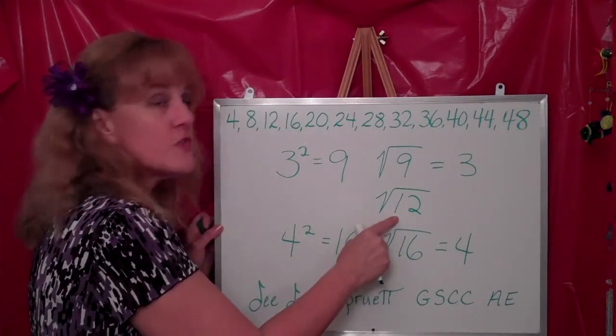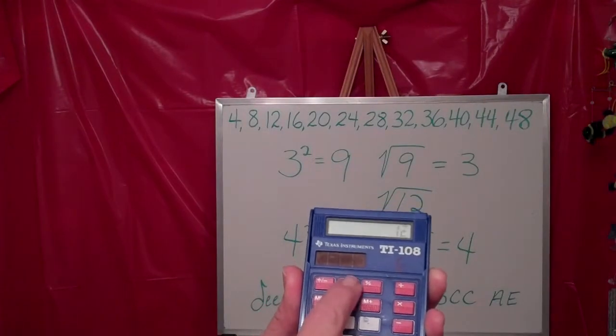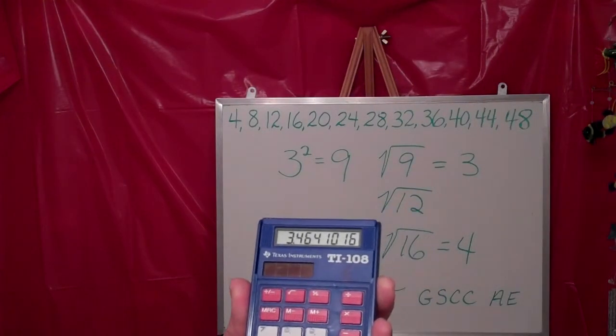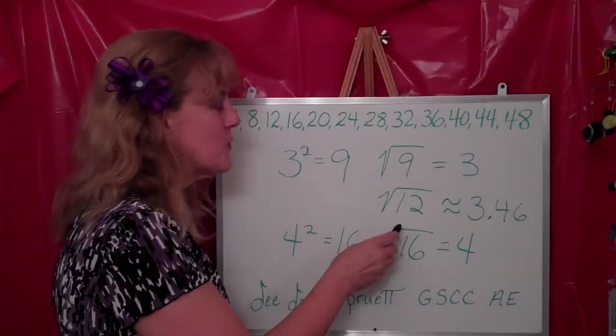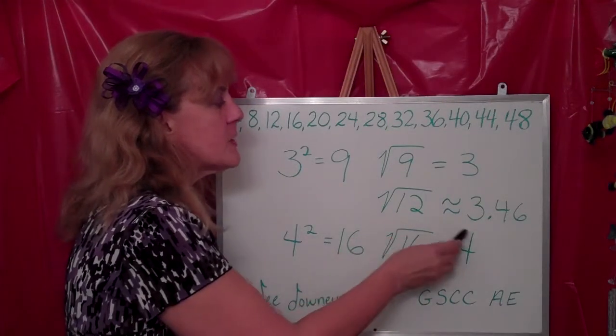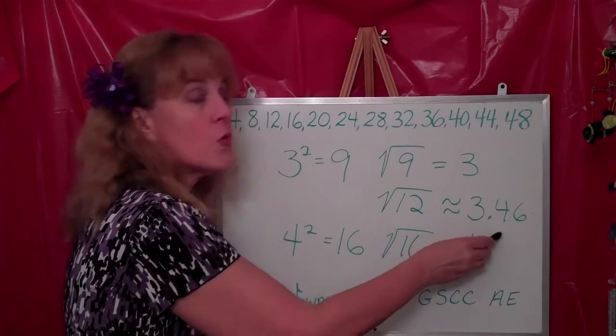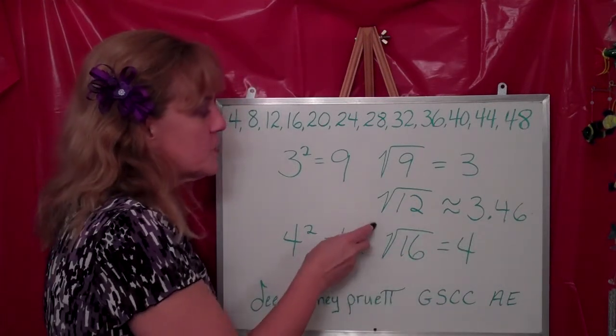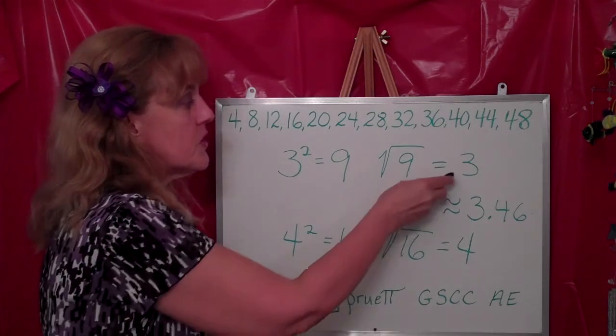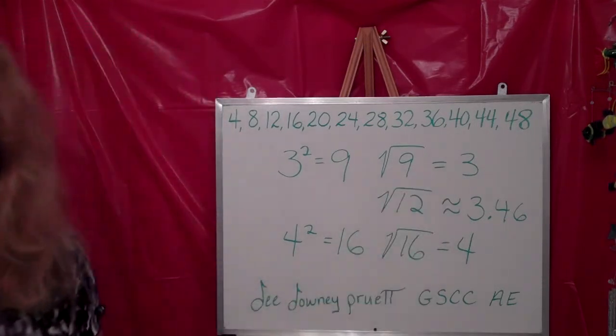What is the square root of 12? The square root of 12 is approximately 3.464 on the calculator, or 3.46 rounded to the nearest hundredths. And so the square root of 12 would be between the numbers 3 and 4.